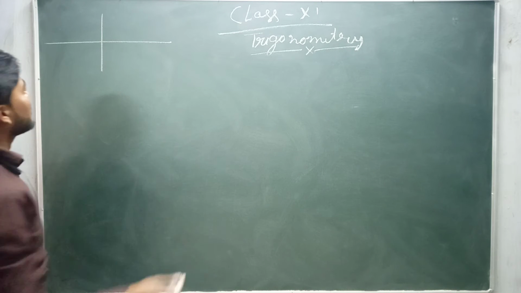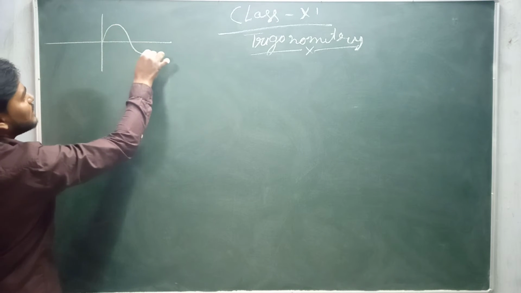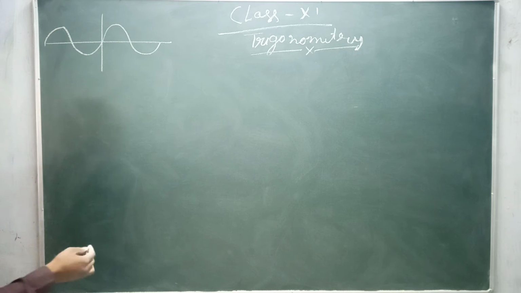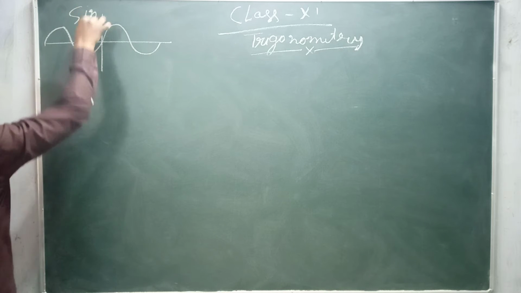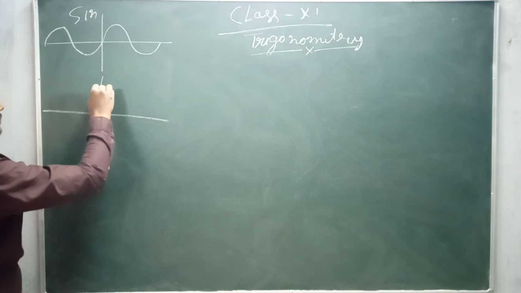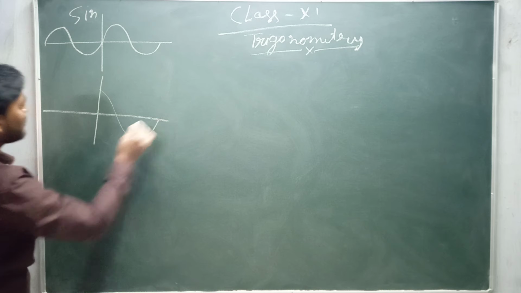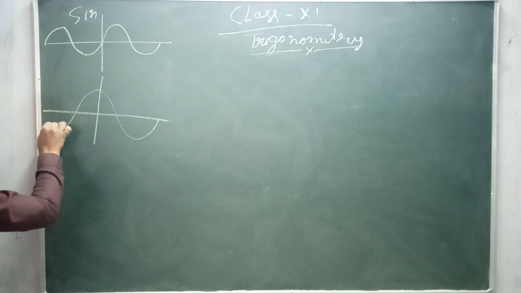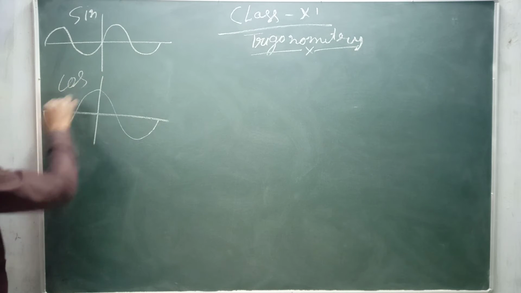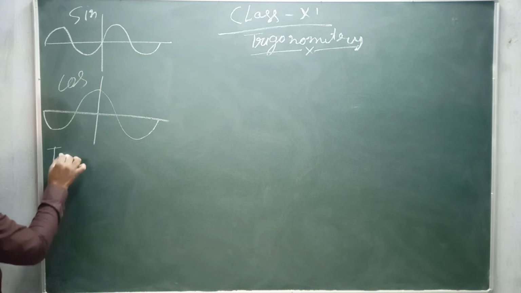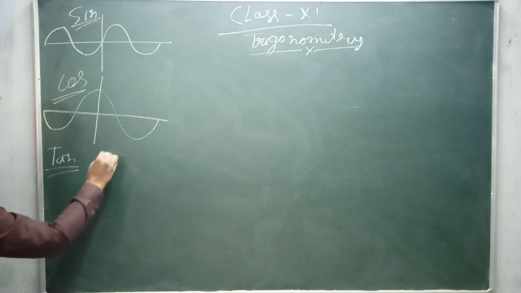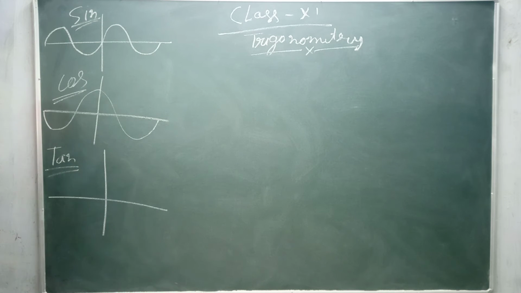For all four quadrants, it's for sine, now cos, okay, cos, now for tan.